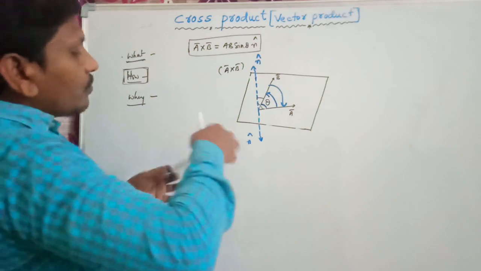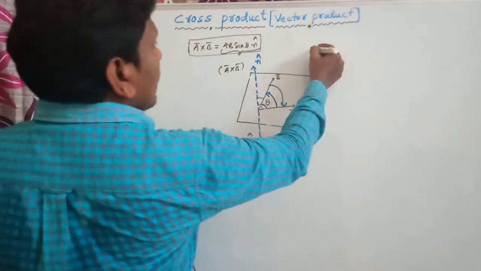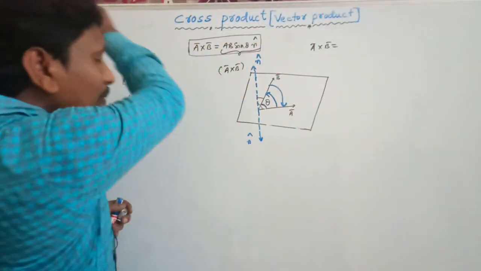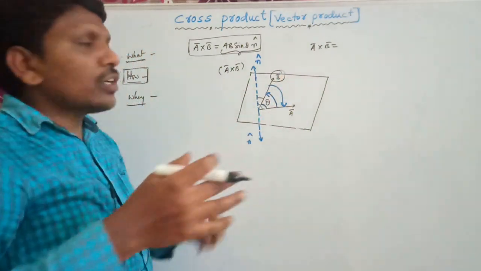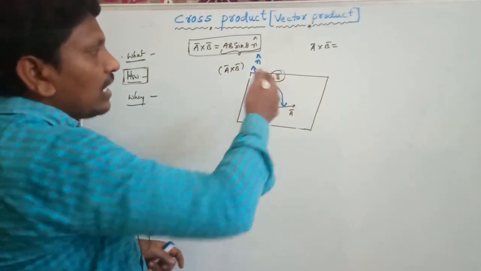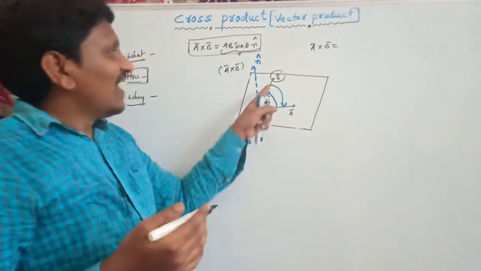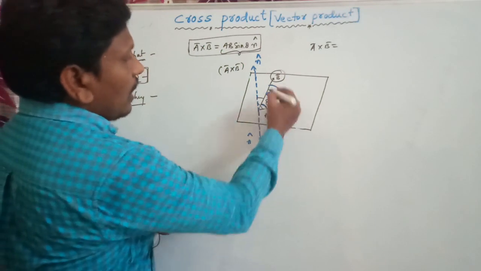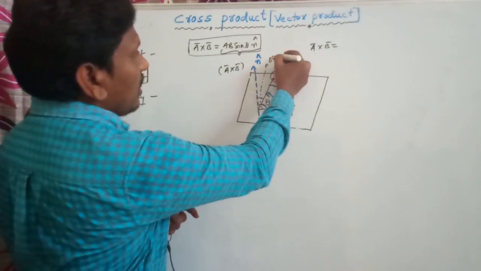Now let us see how we can get this. A bar cross B bar is equal to, so here this B bar vector divides into two components. Already we have seen this in the dot products. This is B cos theta, and this is B sin theta.